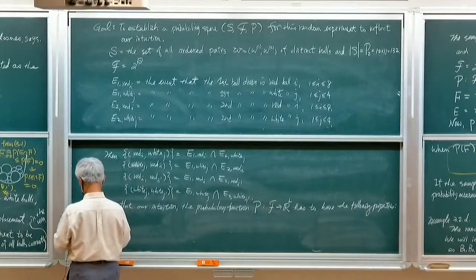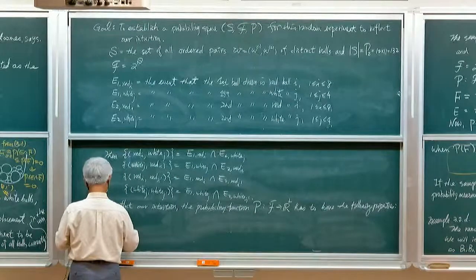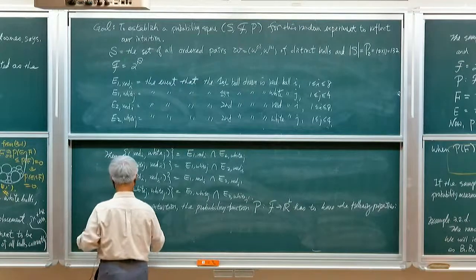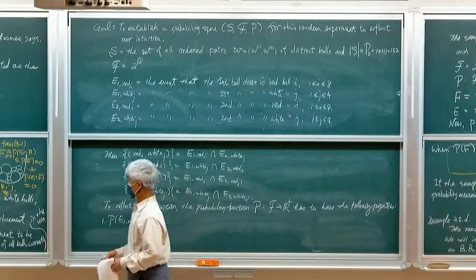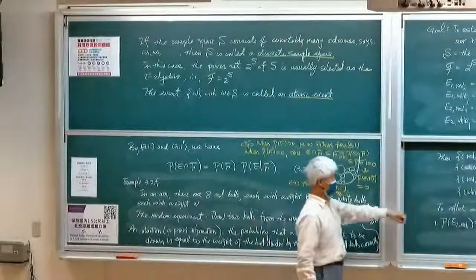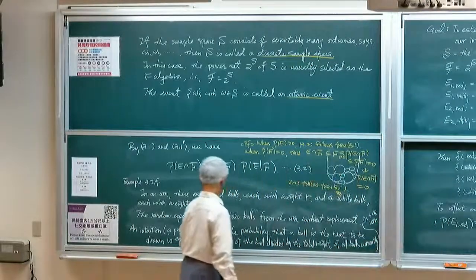First of all, probability of E1 red I. Okay, so the first draw, right? The first ball drawn is red I. So what is the probability?